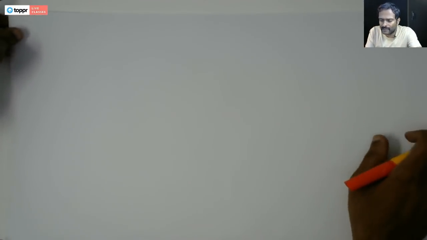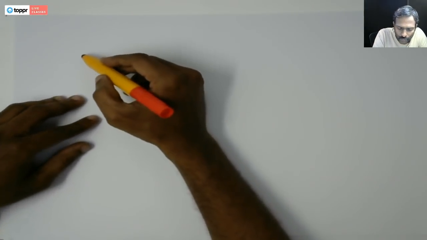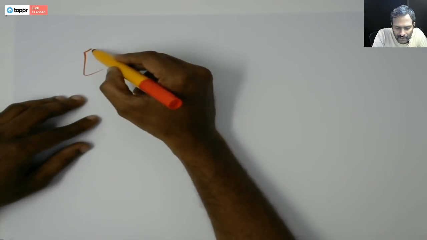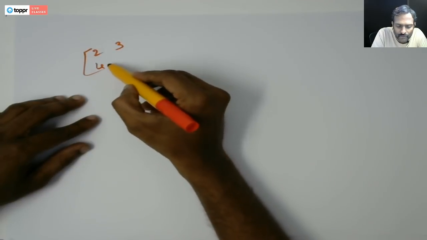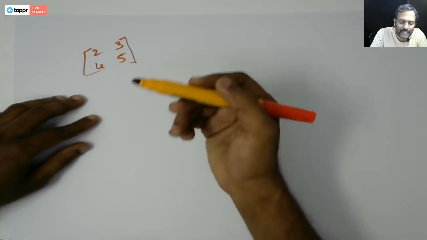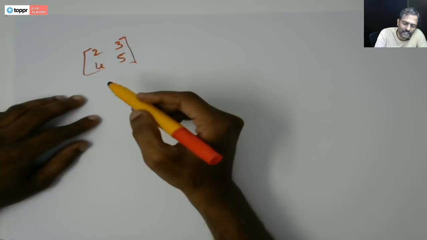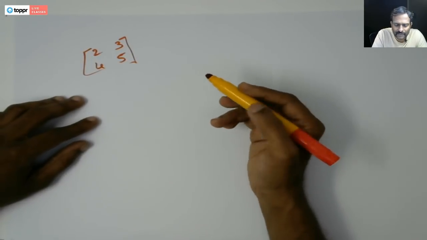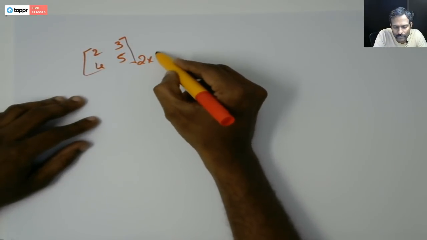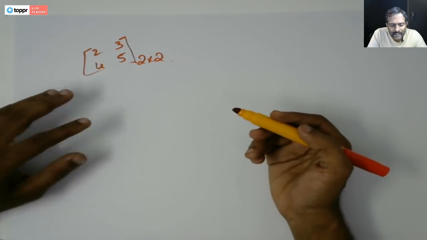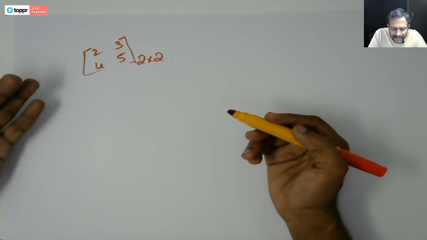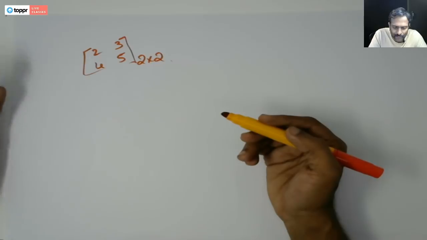Now let us see one matrix here. See 2, 3, 4, 5, right? So this is a square matrix of order 2 by 2. If we want to find the determinant of this matrix, what is the determinant?